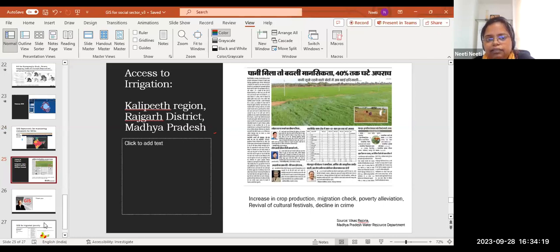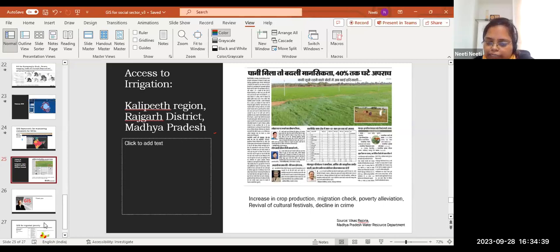Since they have established the irrigation, there is now an increase in crop production, migration check, less migration, poverty alleviation, revival of cultural festivals, decline in crime. So social quality has improved substantially by taking care of the environment, right?